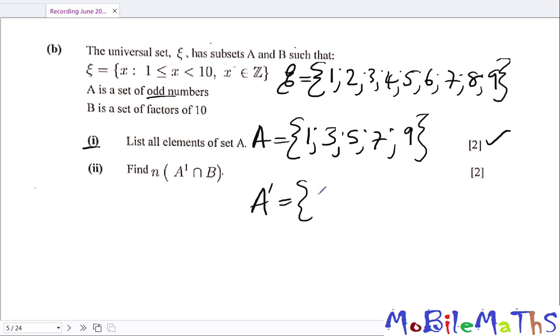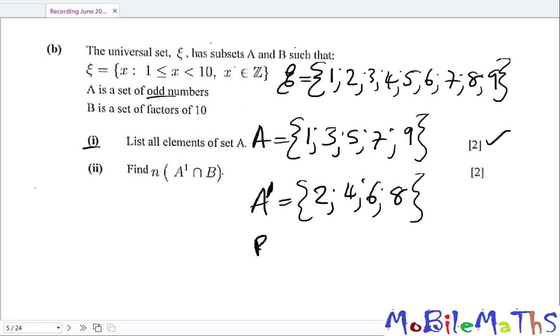What is not in A is 2. 3 we have, so we go to 4. Then 5 we have, then we go to 6. And then 8, 9, that's the last one. So this is what is not in A. When you see this thing, it just means what is not in A.